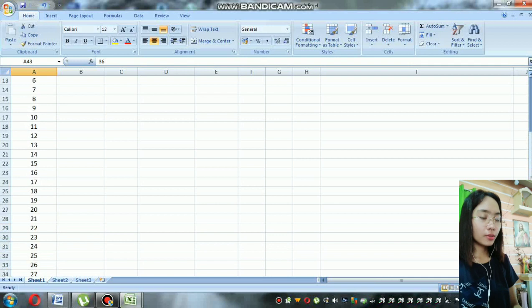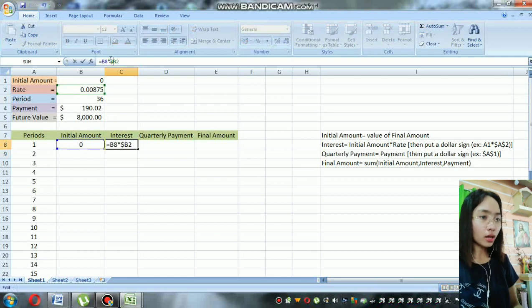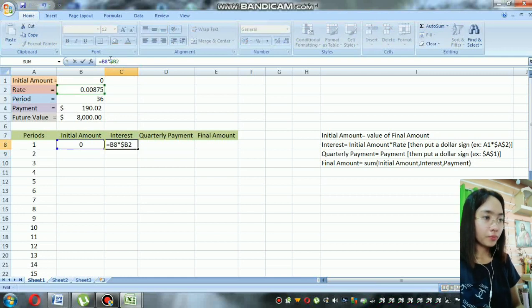Since our initial amount is 0, then our initial amount in this part is also 0. So in interest, just multiply the initial amount and rate. Then put a $ sign before and after the letter of rate.